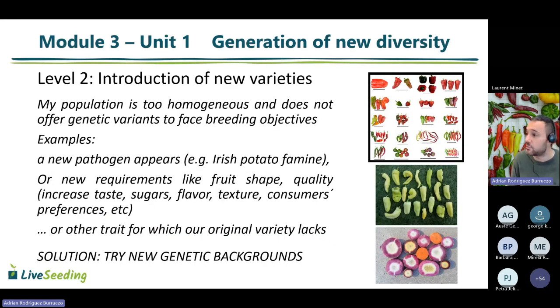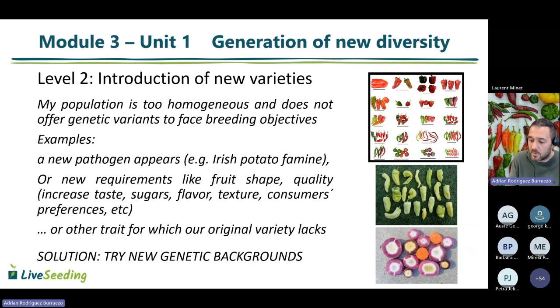Okay, level 2 of diversity is the introduction of new varieties. Okay, my population maybe is too homogeneous, or even if it is the case like the previous one, a population variety with heterogeneous individuals where I can find the genetic variants I need to face my breeding objectives.